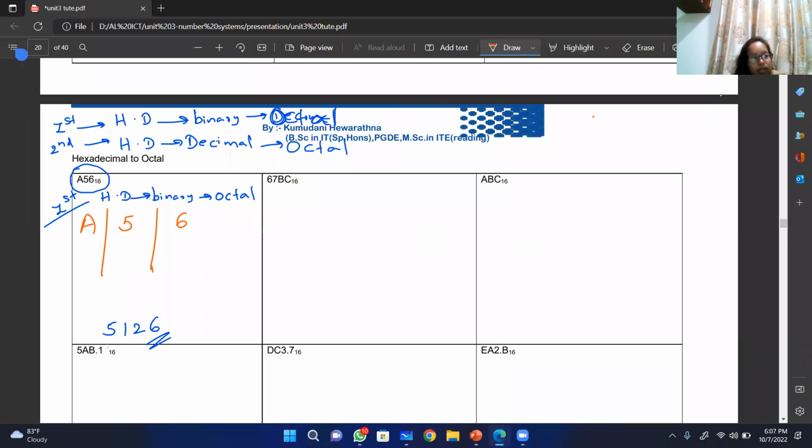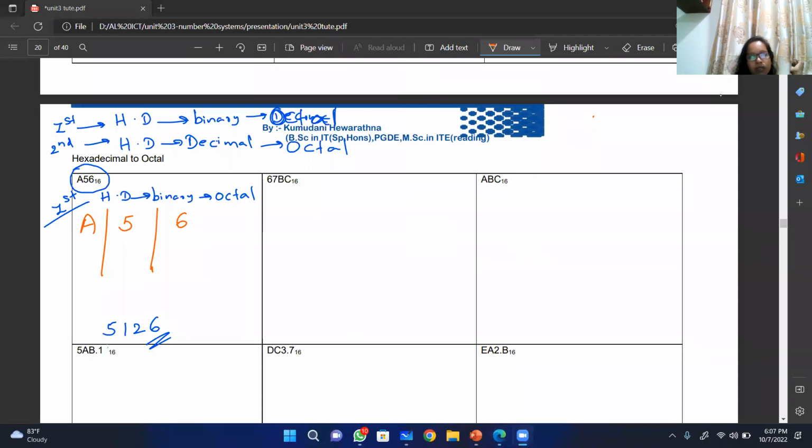Sigiri, what will be the value of binary here? The 6. What is the corresponding binary value of 6? Are you here, Sigiri?